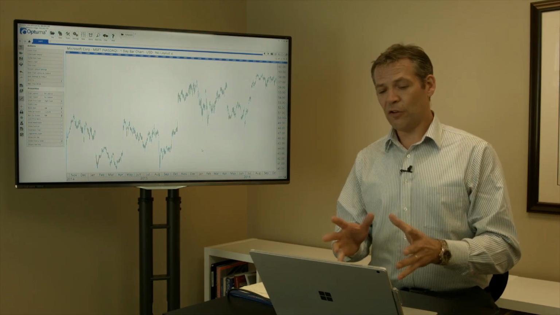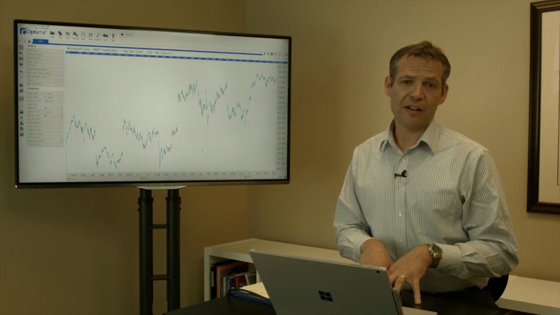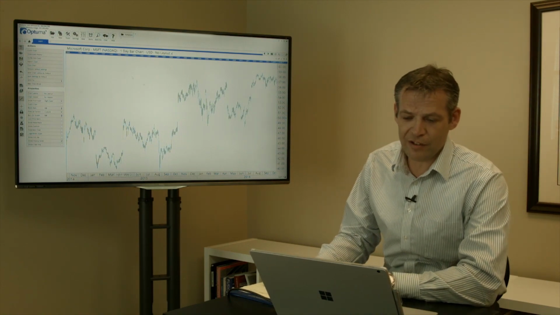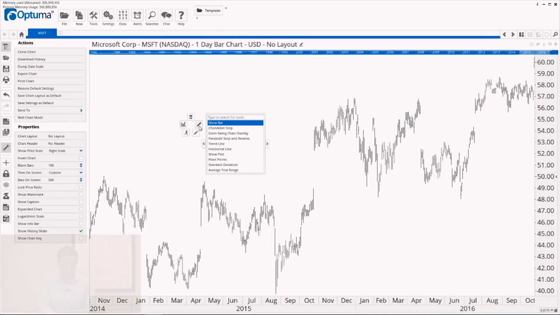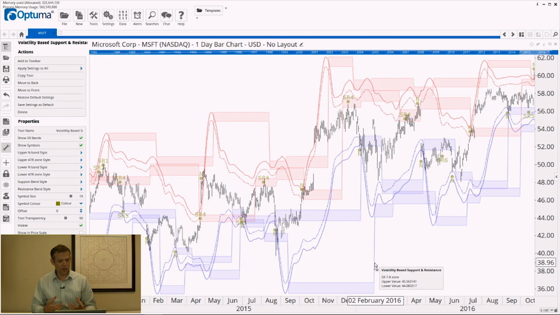As always, first thing we're going to do is look at the condition on the chart. So if we come straight into the charts here, I'm going to move fairly quickly this time. Remember the VBSR tool we talked about with Kirk Northington? We've got the tool here, and the whole point is that we've got these zones of support and resistance.